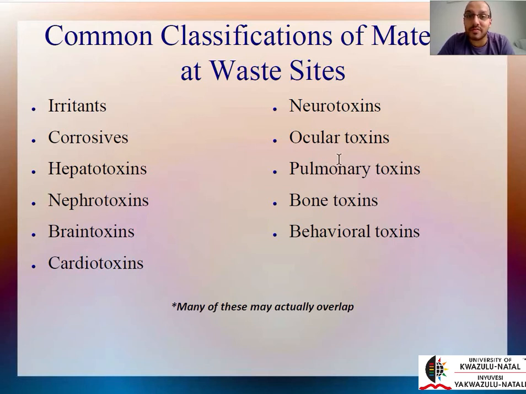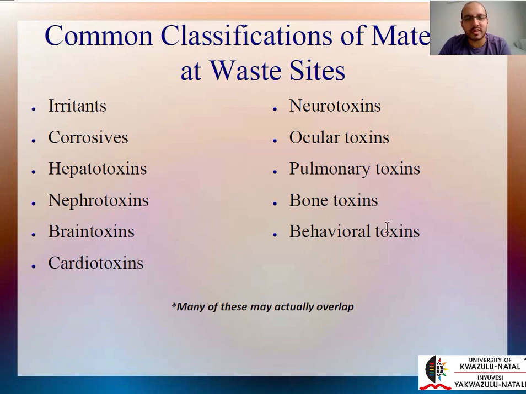Remember, as I mentioned before, water is a potential pulmonary toxin. If you drink too much of it too quickly, you can actually drown in your own lungs. Then there are also bone toxins that weaken your bones over time. And then there are behavioral toxins that essentially affect your hormone levels, your dopamine levels. They can cause various types of anxiety disorders and depression. So that affects your hormone releases, or your hormone levels.